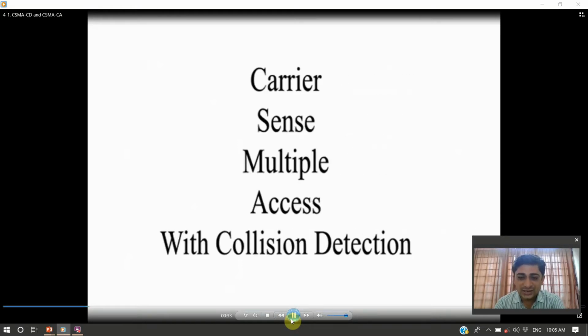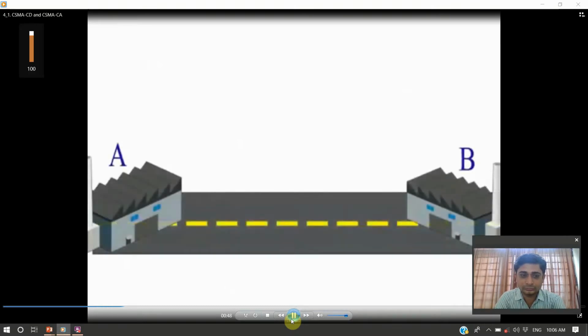This stands for Carrier Sense Multiple Access with Collision Detection. Think of two devices trying to communicate with one another using this protocol as two warehouses shipping items to each other on a single road.